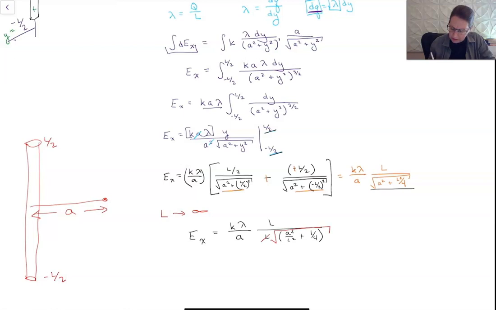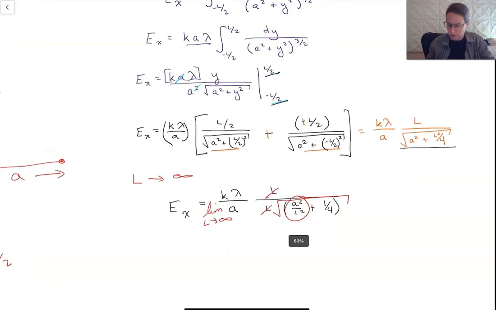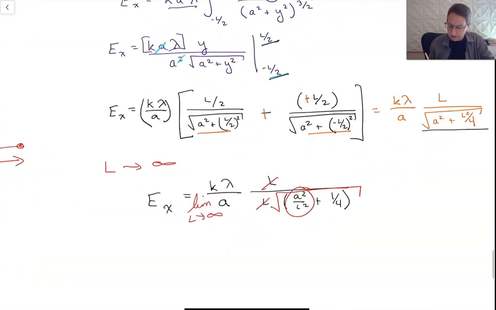And so those cancel. And now, as I take my limit, as L goes to infinity, this works much better because this term is going to 0, right? I've got an a squared over an L squared. Let me zoom in on that. As this gets very big, that turns that into a 0.